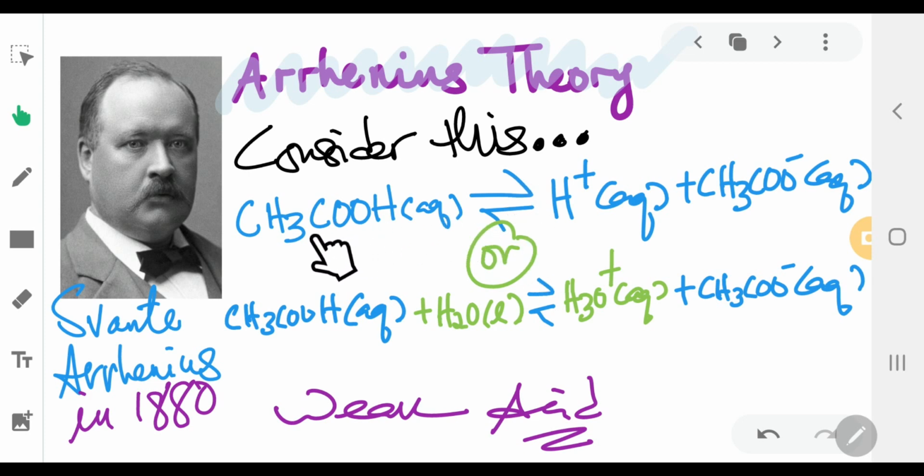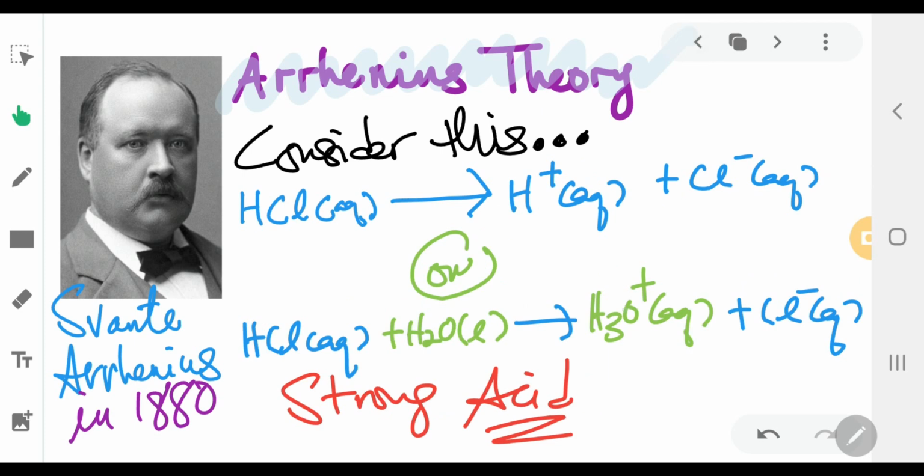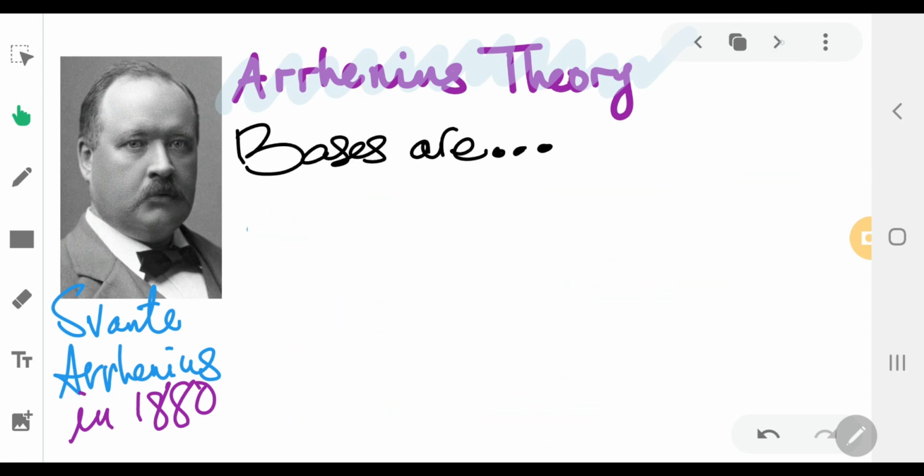Since CH3COOH is a weak acid, then we're going to use the reversible arrow. And for strong acid like HCl, we're going to be using the irreversible arrow. Now, what about bases?